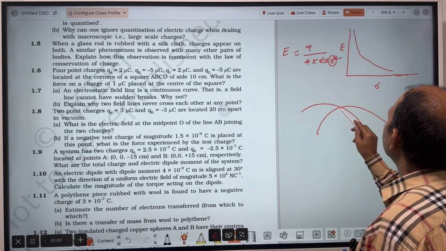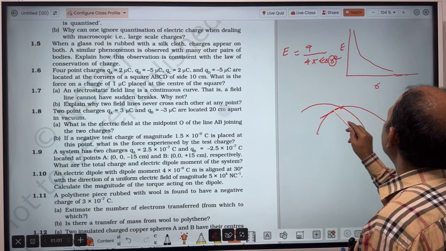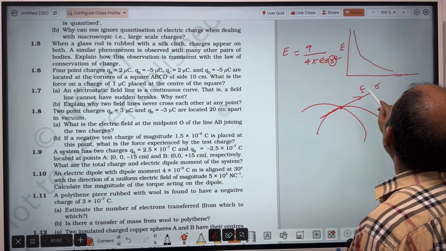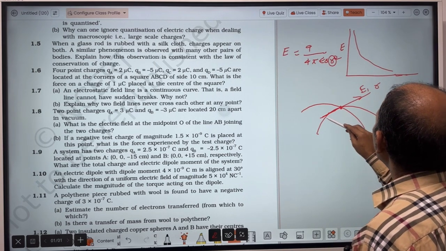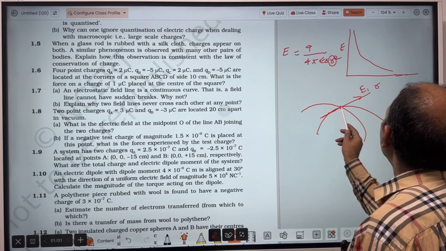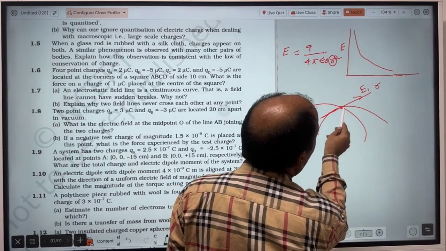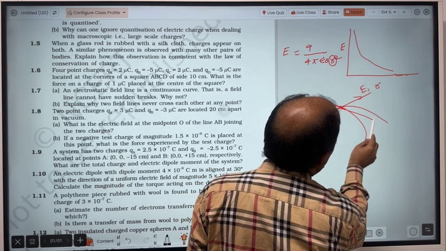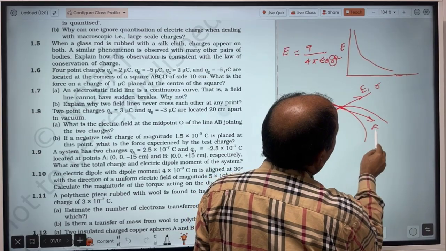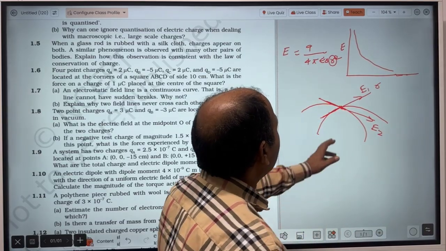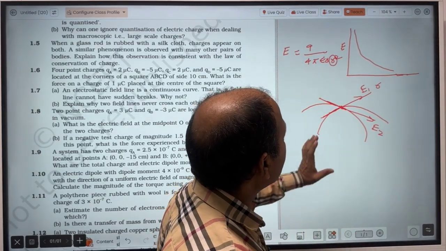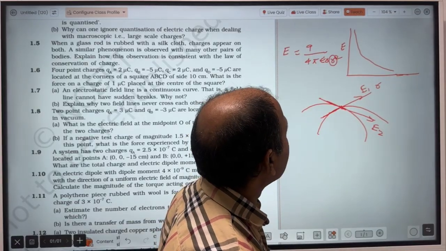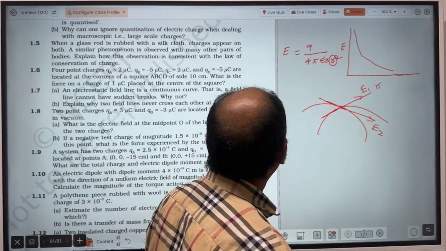Here if we draw the tangent, this tangent will indicate that the field at this point is in this direction due to this field line. Now we consider this other field line and again draw the tangent at the point of intersection. The field will be in this direction. Is it possible that due to a charge at one point there will be two directions of electric field? It is never possible.